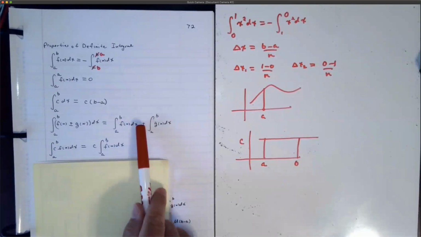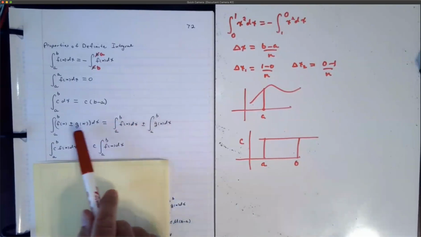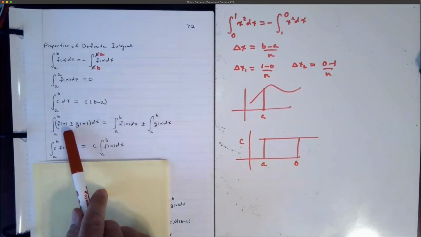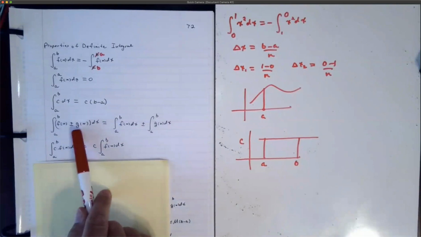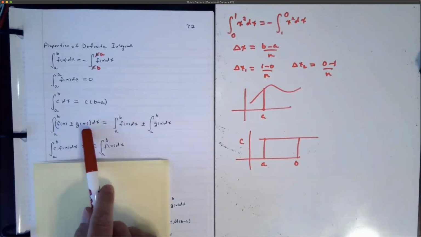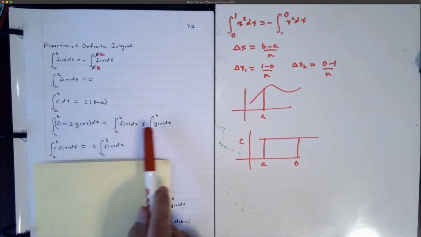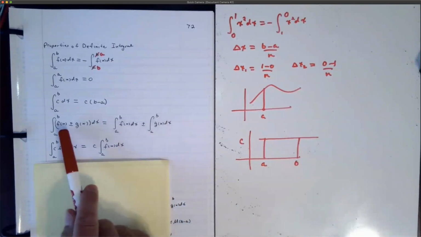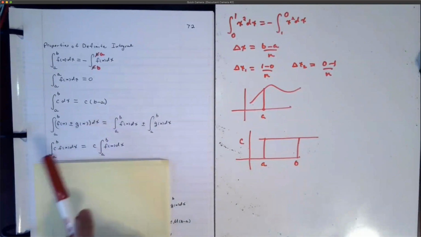This follows because the heights of the boxes are easily computed when you have a sum of two functions or when you have the functions separately. So if you add two functions, the heights of those boxes will be the sum of their heights.